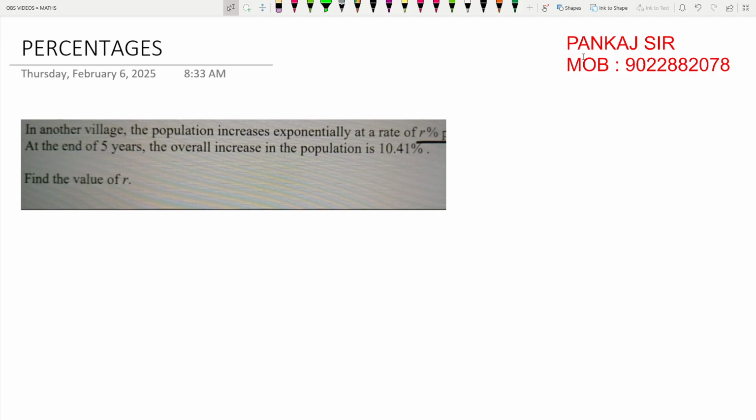In today's session, we are going to deal with this particular question, which is based on percentages, and it is particularly based on a topic called compound percentage.